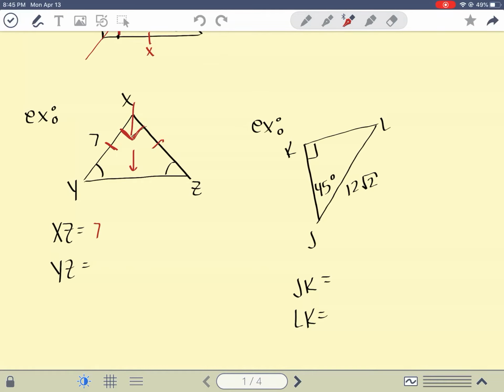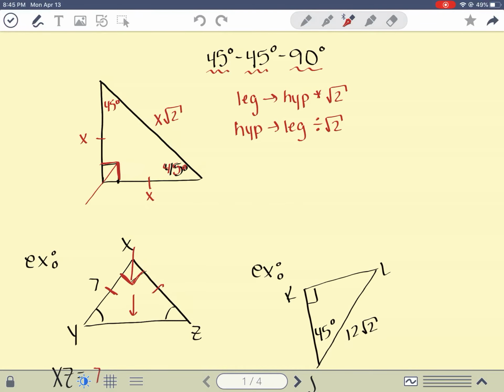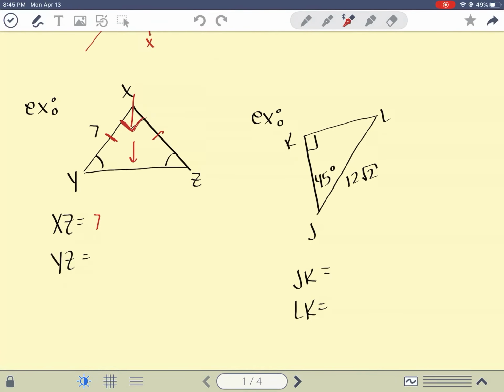Since these two are my legs, XZ has to be 7 because it is the same as XY. To go from leg to hypotenuse, it is times the square root of 2. So I take my 7 and multiply by the square root of 2, and there is no simplifying that. Your answer is just 7 square root of 2. So your other leg would be 7, and your hypotenuse would be 7 square root of 2.